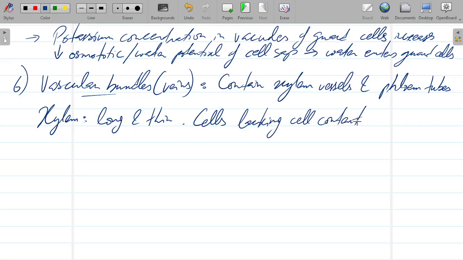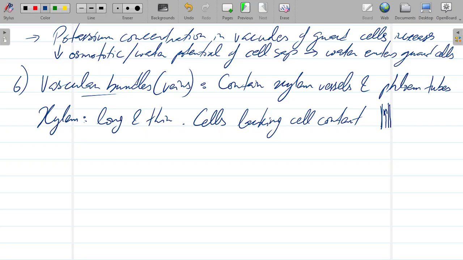So there's no nucleus, there's no cytoplasm, none of the organelles. And so what that does is you have these cells that are joined together, and the only thing left of them is their cell wall on the outside, and that gives you a clear, constant tube for water to move through.